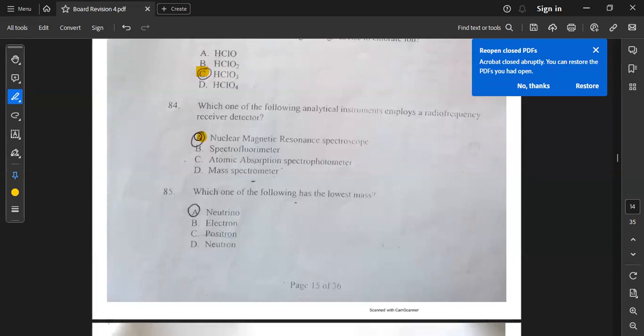Those four are the major types commonly employed. What does each do? How does it detect? What is the principle of that machine? Such things.